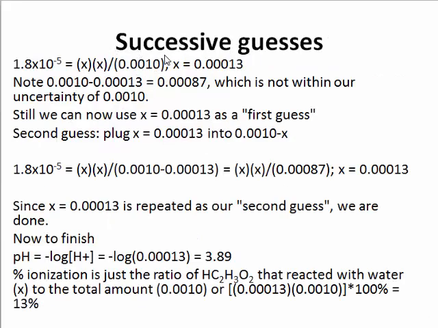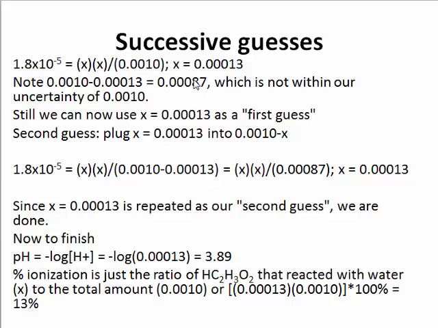Here we will see that this is called successive guesses. If we solve for X, X is 0.00013. Now we know X is not small enough, unlike other cases, because 0.0010 minus 0.00013 is 0.00087, which is not within the uncertainty of 0.0010.